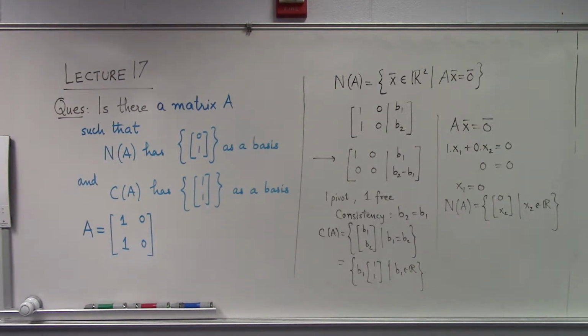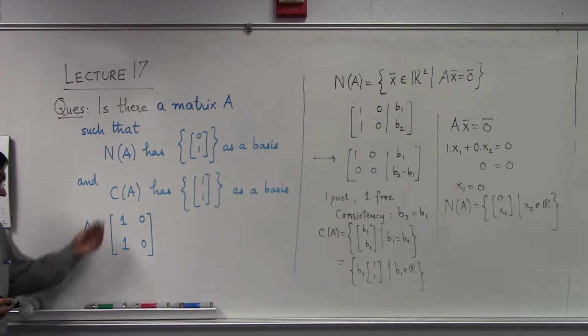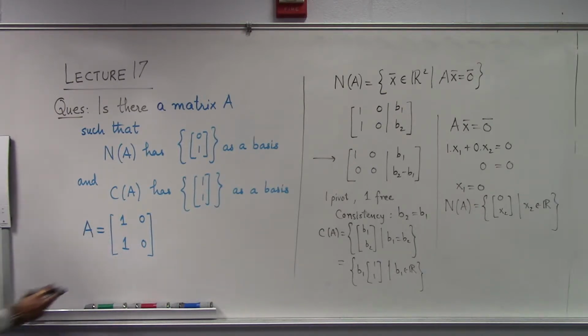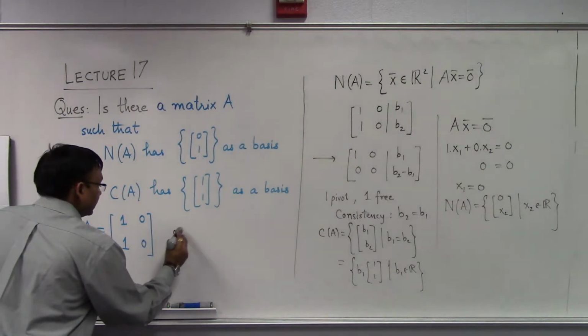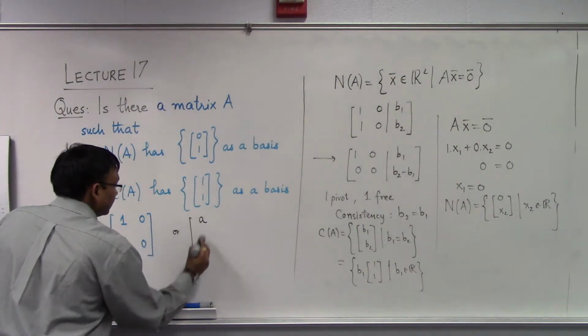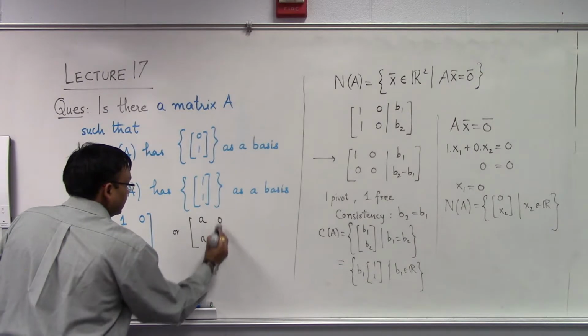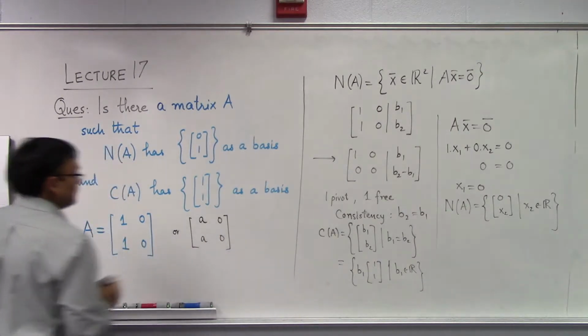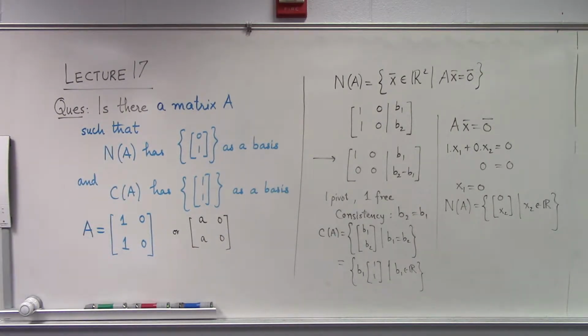The answer would be no. Because instead of 1, 1, I could have easily used 2, 2 or 3, 3 or any 2 numbers equal to each other. So in general, I could have used a matrix of the form with a, 0, a, 0, where a could be any real number that I want except 0. So there could be a lot of matrices, but all of them will sort of look like this.